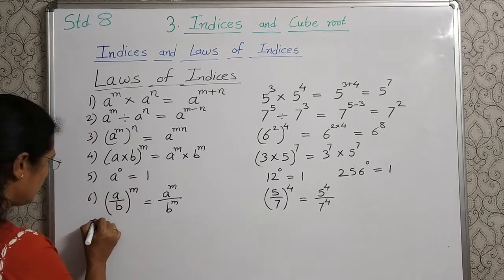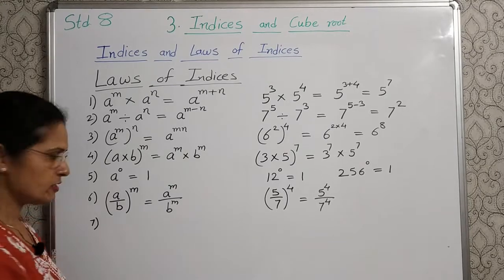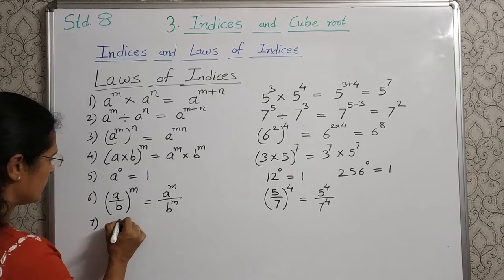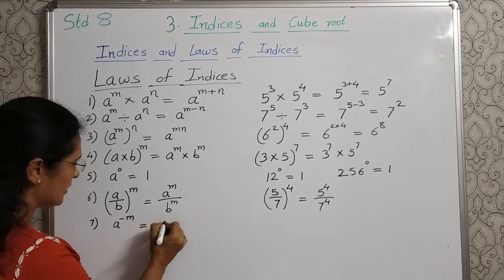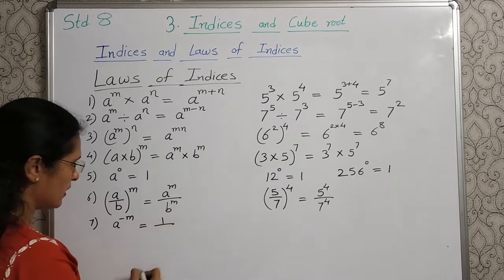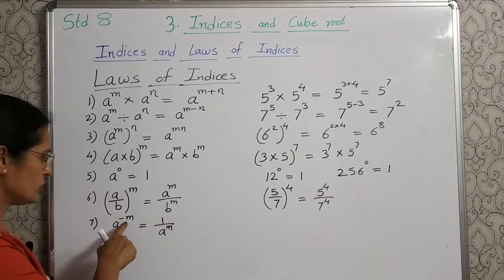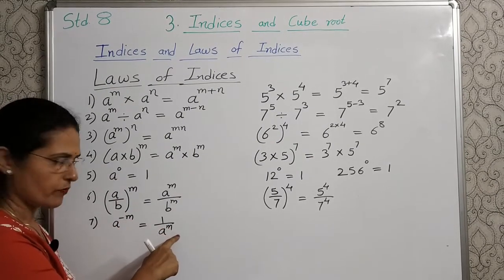Next, seventh law is when the index is negative. Say a raised to minus m, then we can write it like this: 1 by a raised to m. So this minus m will become positive m.